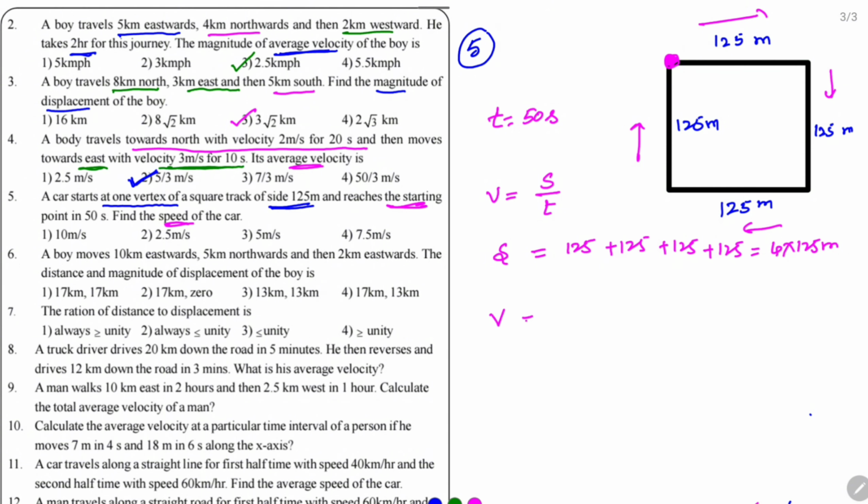Therefore, speed is equal to distance by time, which is 4 times 125 meters divided by 50 seconds. So you can cancel this: 25 5 times, which is equal to 10 meters per second. So the option is 1.